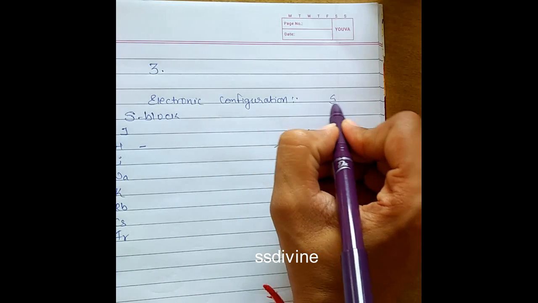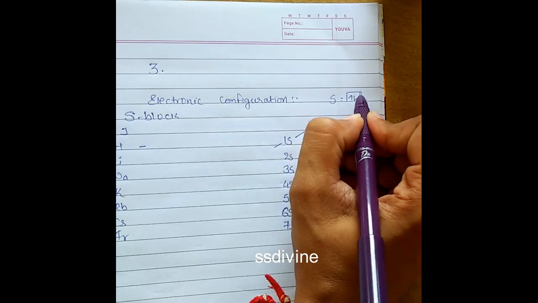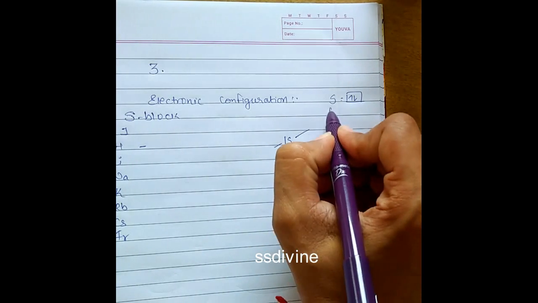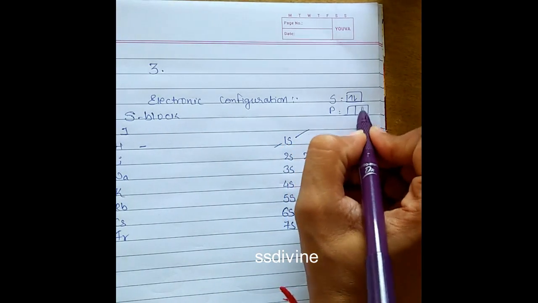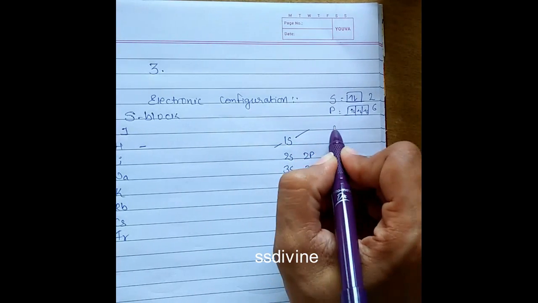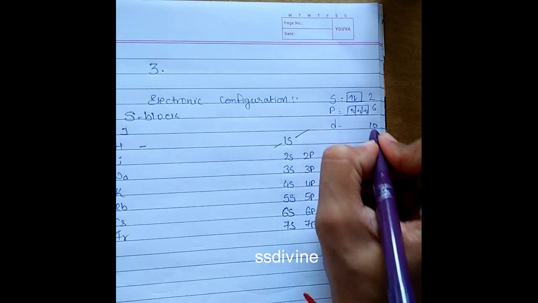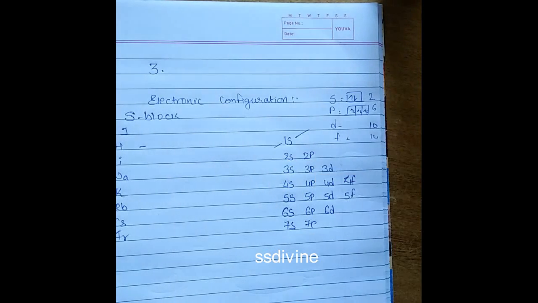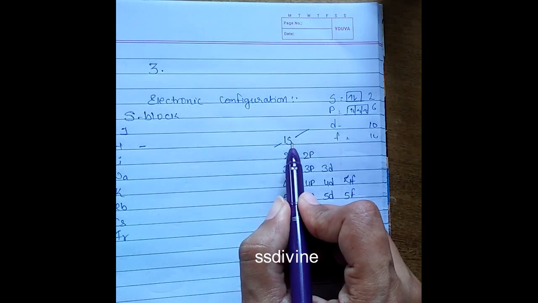The first electron will enter in 1s orbital. The s orbital can maximum occupy 2 electrons as it is having only 1 orbital. P is having 3 suborbitals, so maximum electrons that can be filled is 6. D can fill 10 and F is having 14 electrons, right? So first the electron will move in 1s.